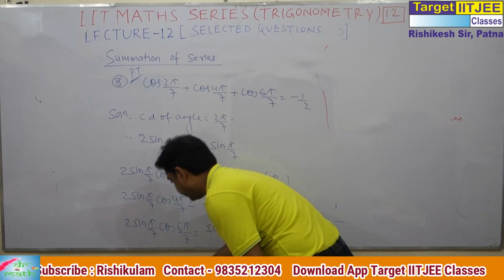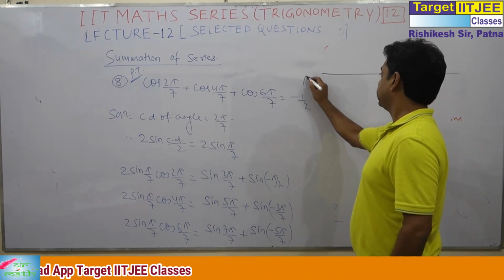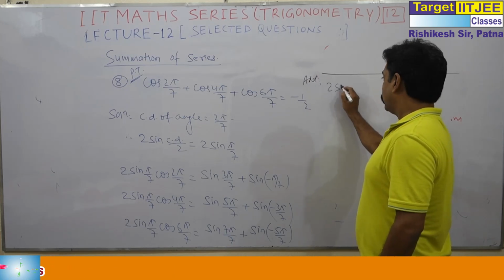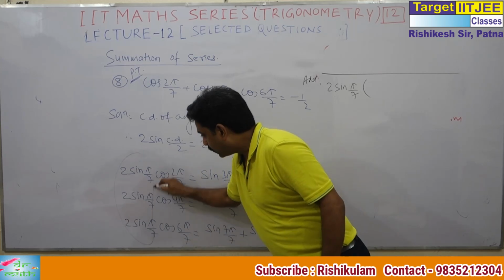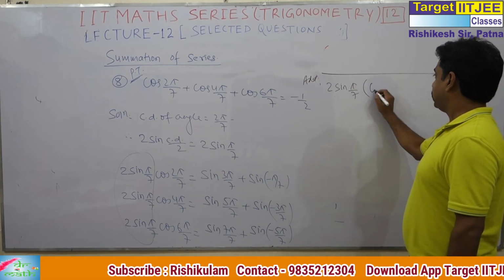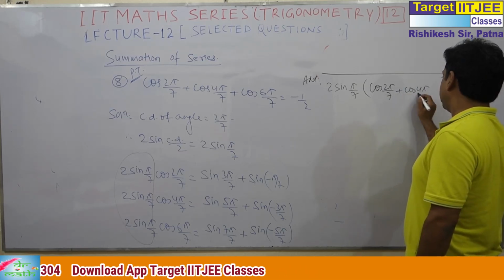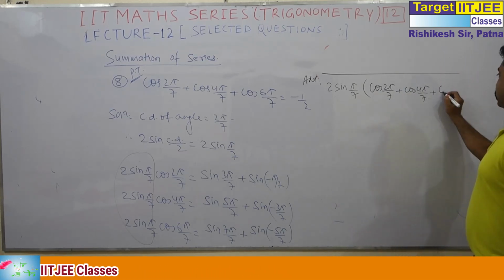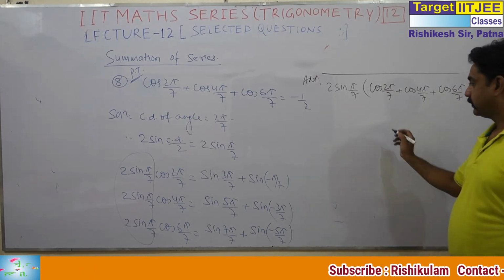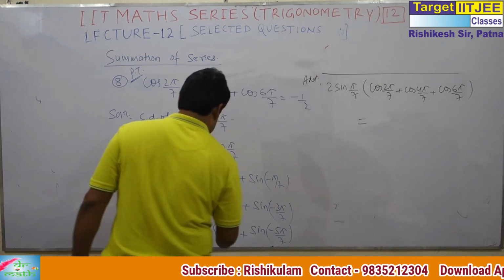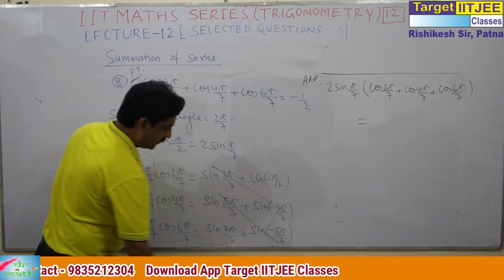Adding, what do we get? 2 sine pi by 7, which is common, times cos 2 pi by 7, cos 4 pi by 7, cos 6 pi by 7, equals what? Now see this one. These two cancel.